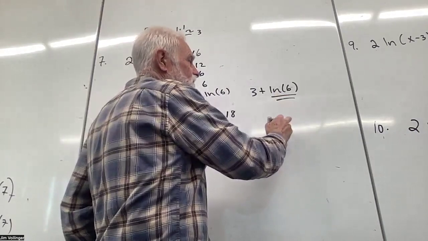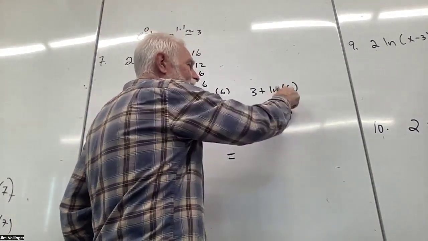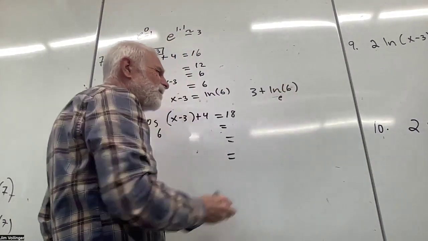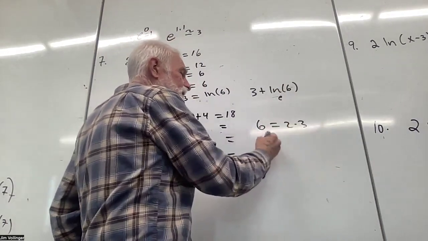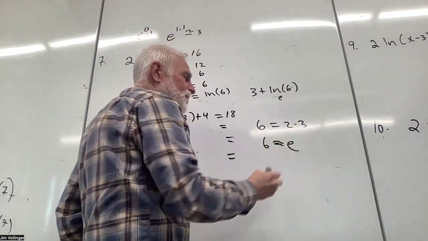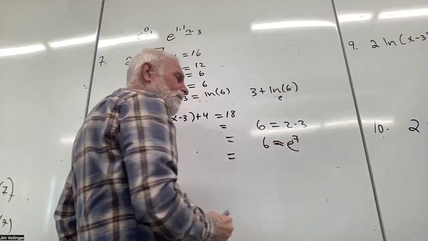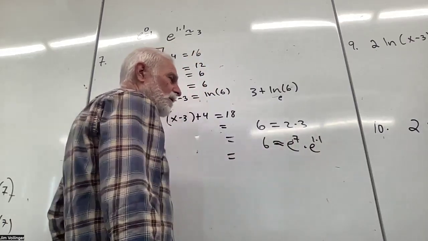So I'm looking for the exponent base e notation. I have to write 6 in base e notation. Well, I know 6 is 2 times 3, and I know 6 is equal to e approximate. Remember, I said approximate. e to the 0.7, you're supposed to be memorizing that. And we've already said this one enough. e to the 1.1.